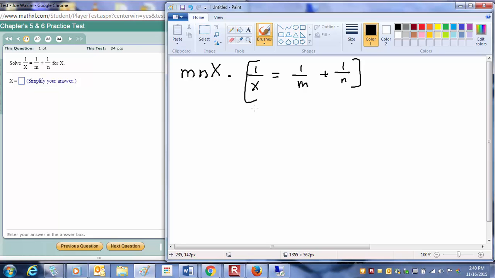So if you multiply mnx by the first term, the x will cancel and you end up with mn. Multiply it by the second term, the m will cancel, you end up with nx. Multiplying it by the third term, the n will cancel and you will end up with mx.